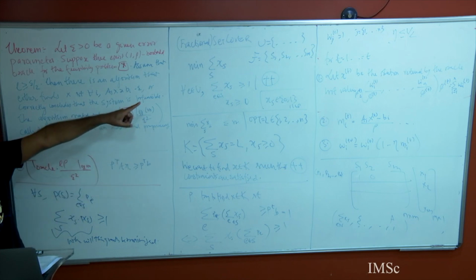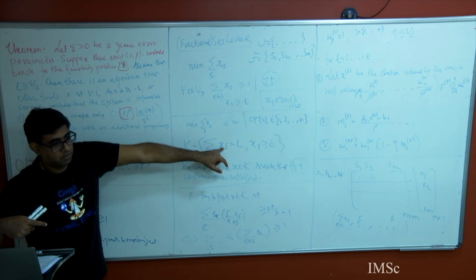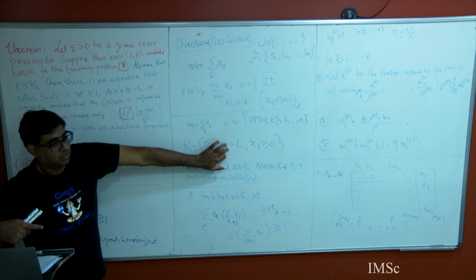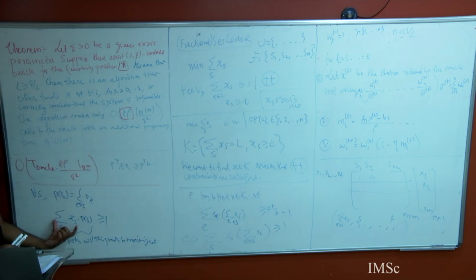I also have to set something inside here. I have to find a point here, right? So what happens if I set X_S equal to L for some S in F that maximizes P of S and 0 for all other S?